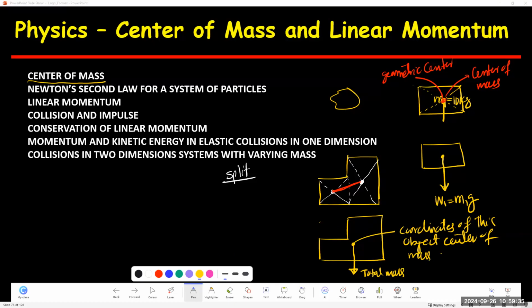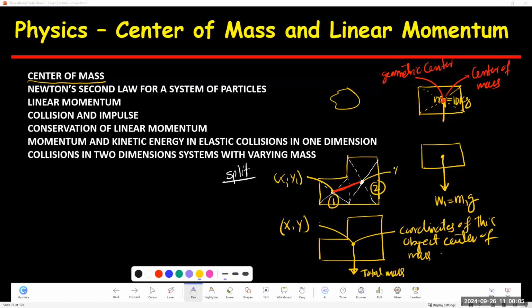So the formula is fairly simple. I need the x component and I need the y component. You're going to find the x component of this one. I'm going to call this object 1 and object 2. I combine them to make a common object, but let's suppose I consider them as body 1 and body 2. Body 1 has its mass m1 and x1, y1 coordinates.